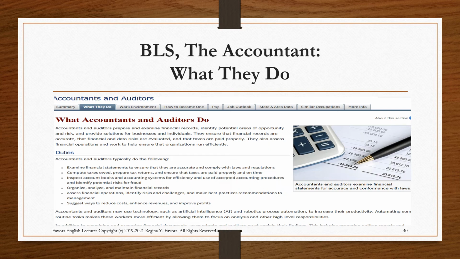Inspect account books and accounting systems for efficiency and use of accepted accounting procedures, and identify potential risks for fraud. Organize, analyze, maintain financial records, assess financial operations, risks and challenges, make best practices recommendations to management, and then suggest ways to reduce costs, enhance revenues, and improve profits. And this is what you are doing as an accountant.